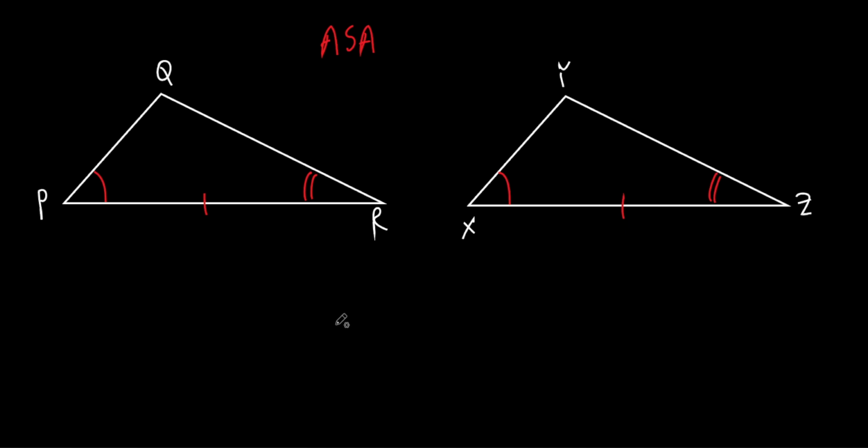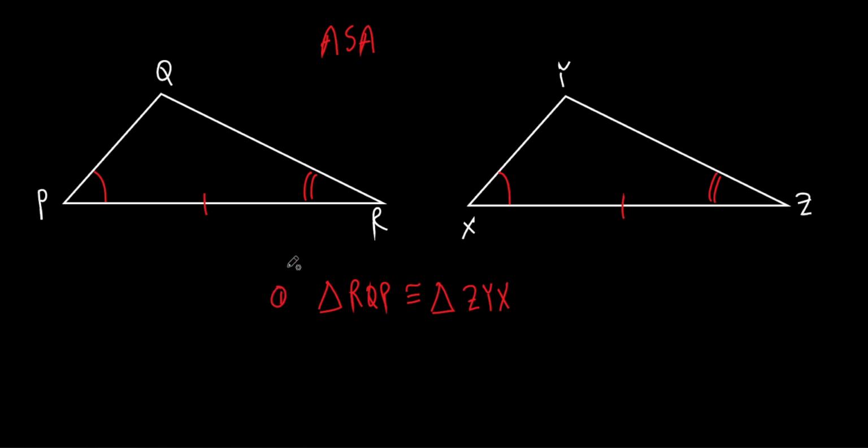So let's write a congruent statement. These two triangles are congruent. What do you want to call this one? RQP. So if I go R, then Q, then P, what am I going to have to do over here? Z, Y, and X. That's your congruent statement.